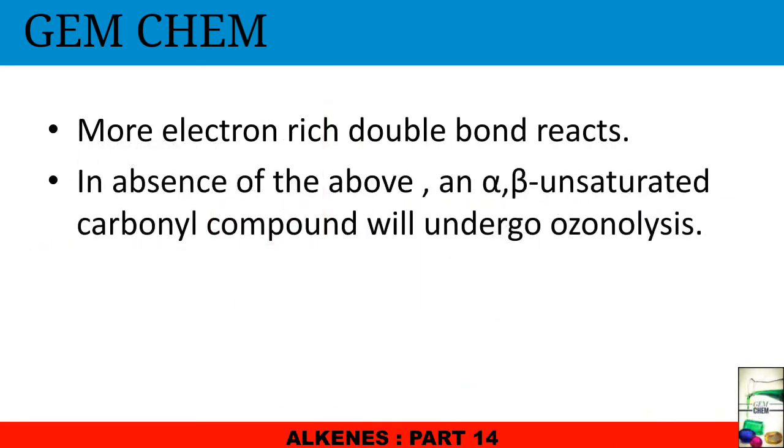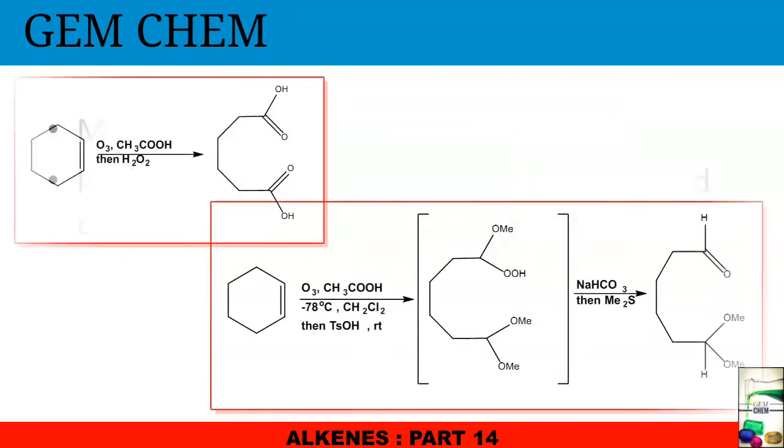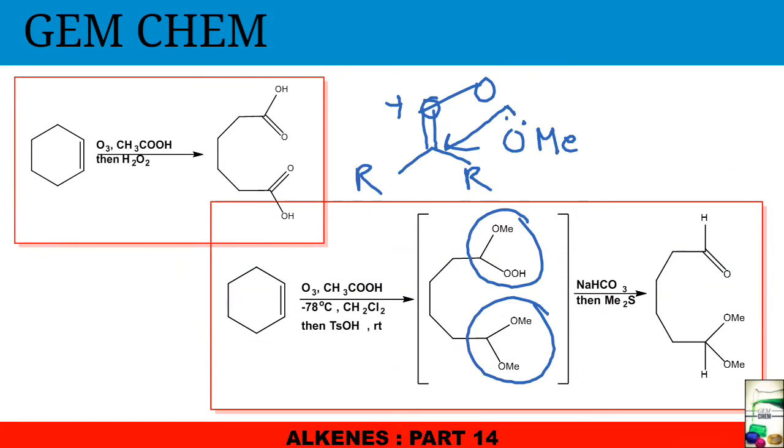That is what we saw here in this case, in this part, right. Now ultimately this particular group is removed and we get aldehyde, and whatever is present here remains as it is, because first we are doing neutralization and then reduction.